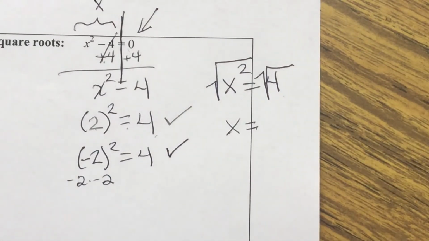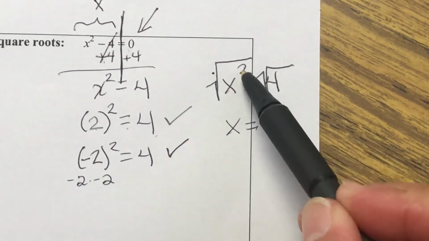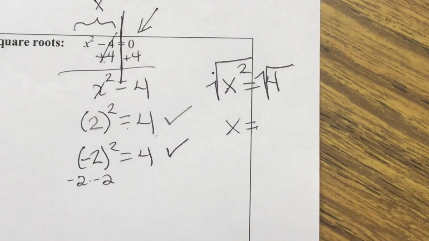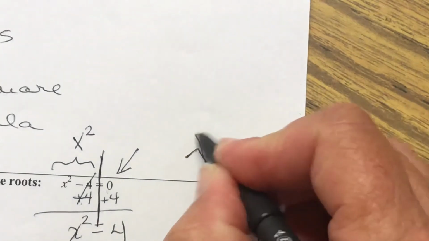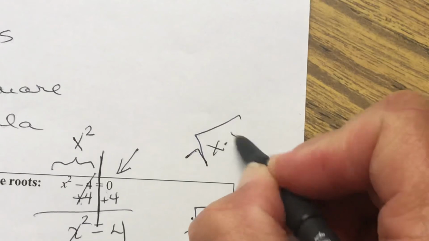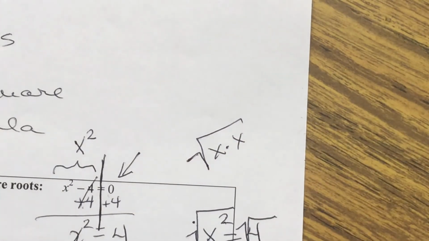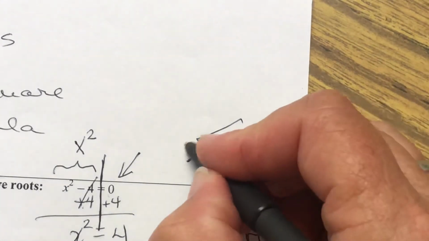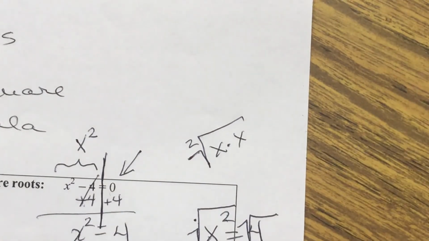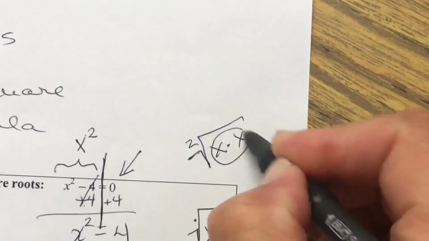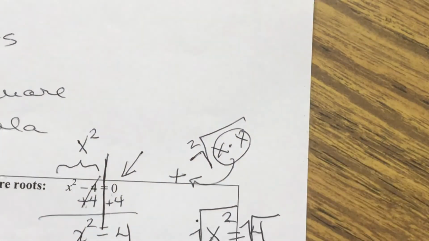We learned that in chapter 7, that the square root of a square is what's inside. When in doubt, we write it out. We look for sets, we bring it out. A square root is looking for sets of 2. We found a set, we bring it out. So that's why the square root of x squared is x.